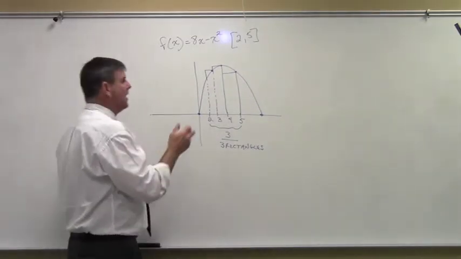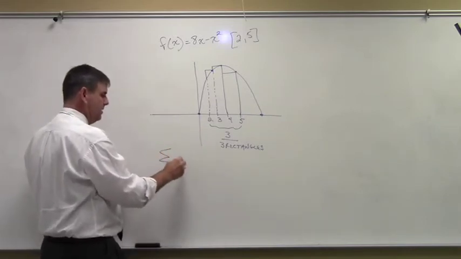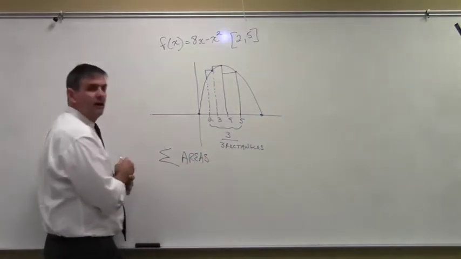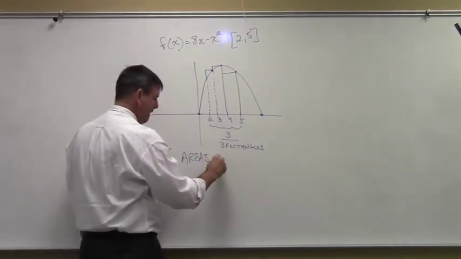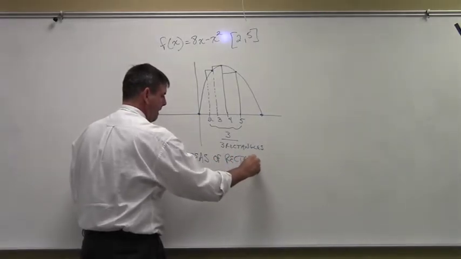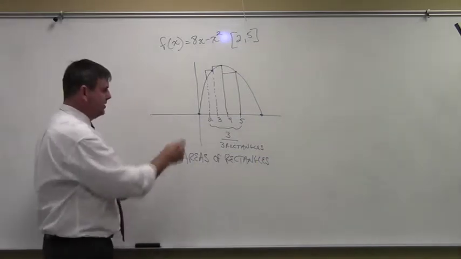Okay, so what do I need? Well, I need to take the summation of the areas of the 3 rectangles. The width of each rectangle is 1.